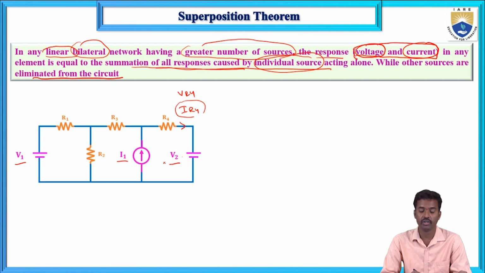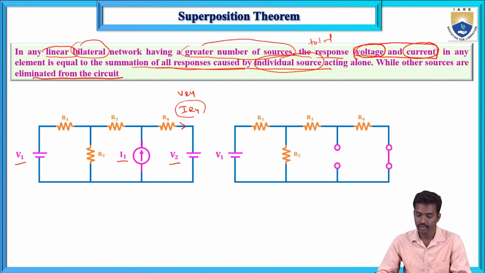It is a multi-source network, with three sources, two voltage sources and one current source, and the response is current in a resistor element. The summation of individual responses, with individual sources acting alone, should equal the total response. Let me show this in the diagram.